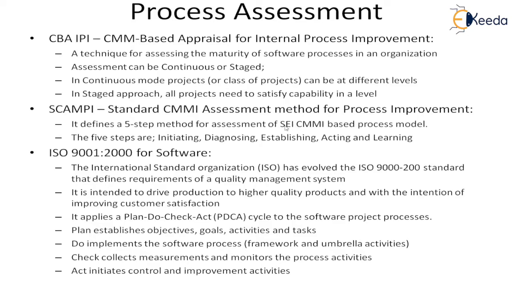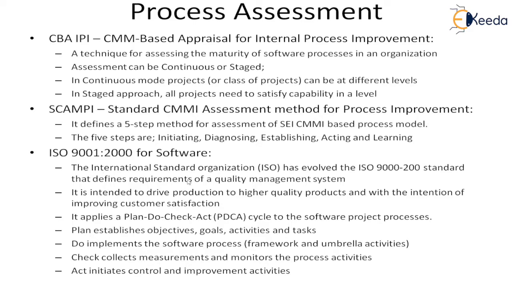Initially the assessment team will initiate, and then they will go into the diagnose phase, where they will analyze the records and check the establishment, whether things are established or not. Then they will do the acting and the learning. So there are 5 steps that this SCAMPI method goes through.